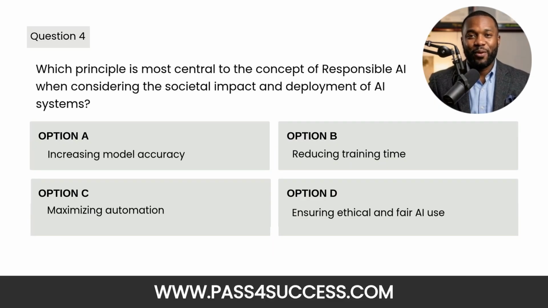Question 4. Which principle is most central to the concept of responsible AI when considering the societal impact and deployment of AI systems? A. Increasing model accuracy. B. Reducing training time. C. Maximizing automation. D. Ensuring ethical and fair AI use.